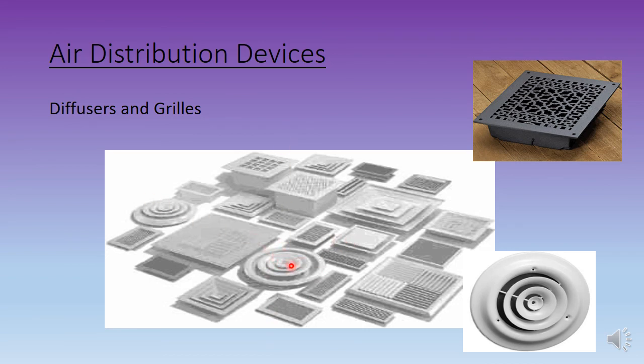And sometimes we see grills like this, with only one direction outlet. And this one is four-way direction airflow. It depends on the design, on the necessity of that particular space.